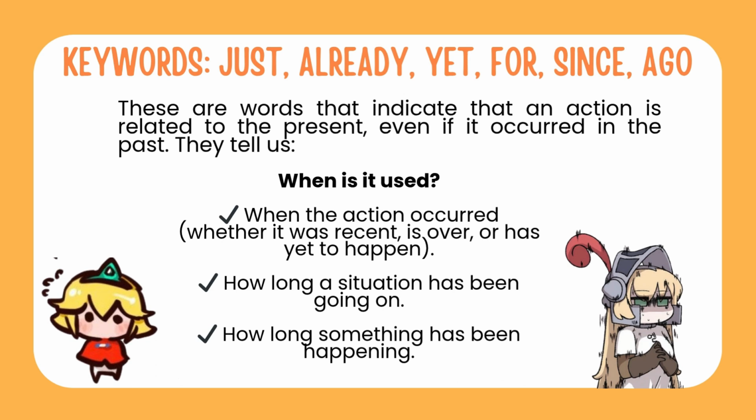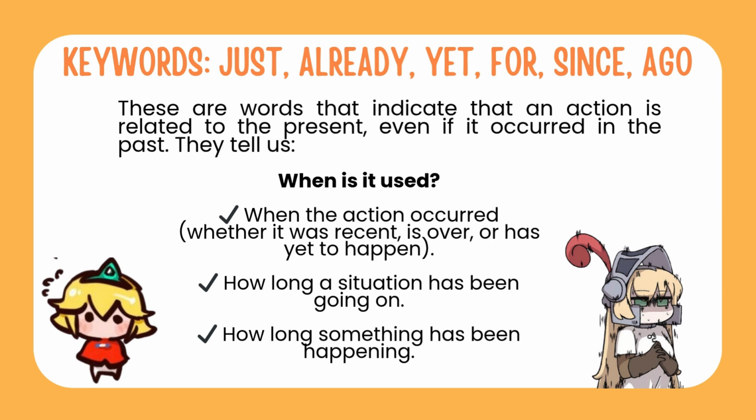That is the end of the structure of the present perfect. But there is still something important. Keywords. You probably noticed some words throughout the video that weren't mentioned in the structure, like yet.